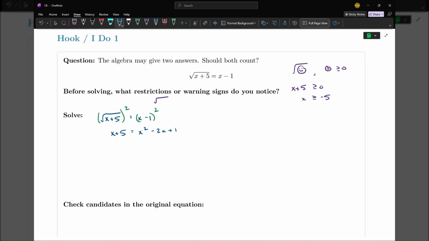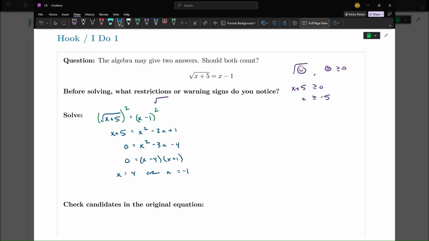So I get x plus 5 equals x squared minus 2x plus 1. Clear out one side with a 0: x squared minus 3x minus 4. I'm going to factor that: x minus 4 times x plus 1. That gives me x equals 4 or negative 1.